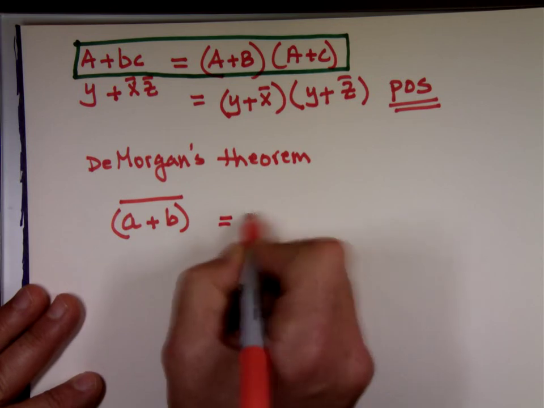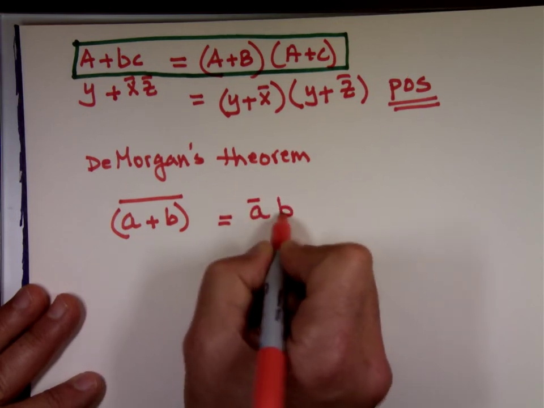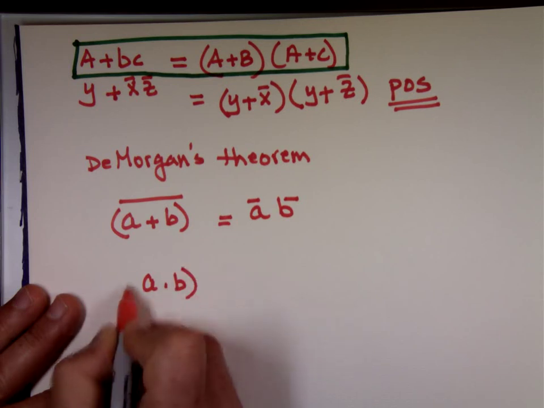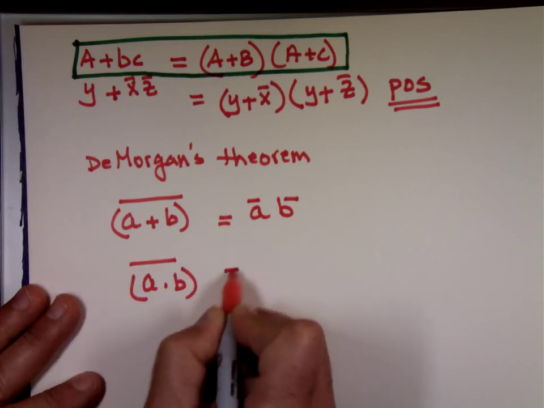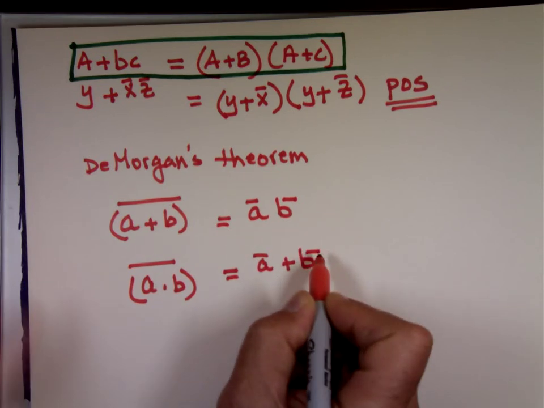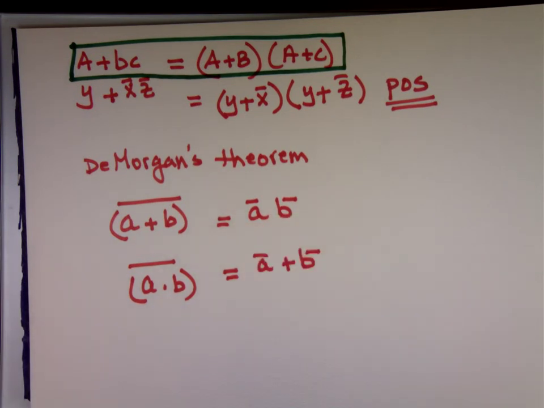That's equal to A naught, B naught. And A and B, the complement of that is equal to A naught plus B naught. Boy, oh boy, do I use this in the lab. I use that in the lab all the time.